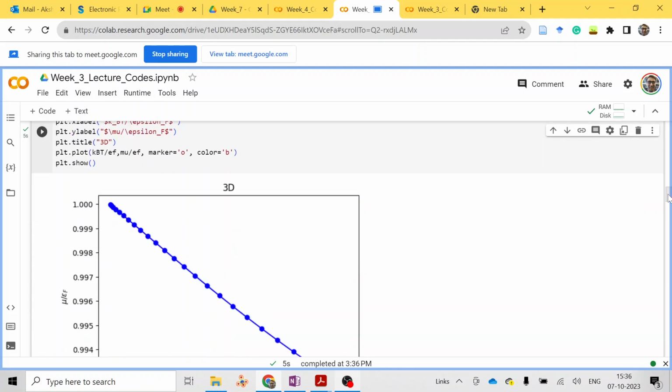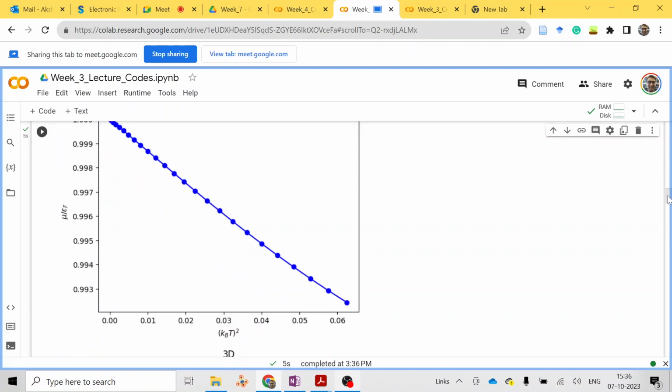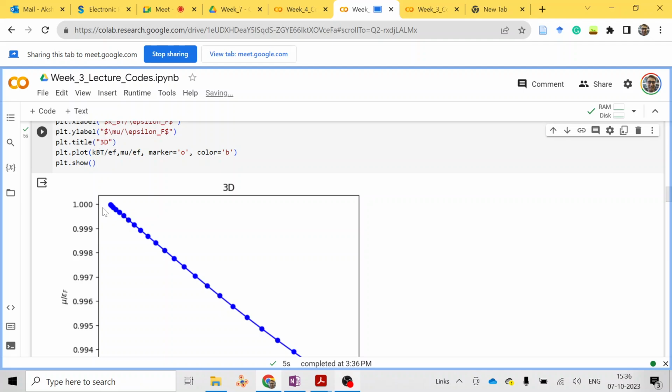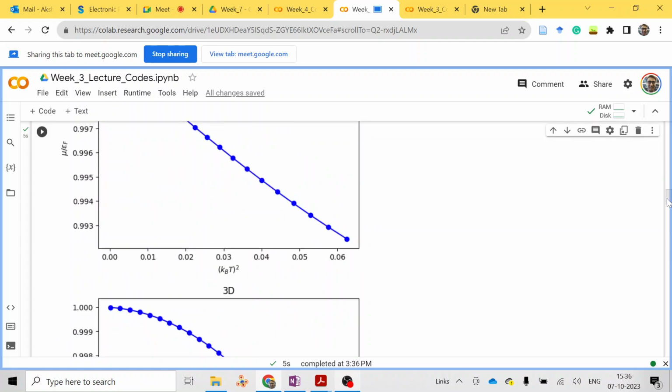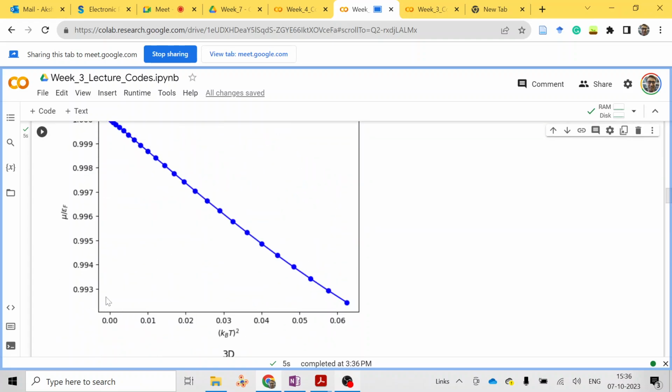We can see mu by EF with respect to kBT squared. Our mu value keeps decreasing as we increase the temperature initially, but you can see that mu by EF is around 1. Even for a kBT squared value of 0.06, it is only 0.993, so the difference is not much.